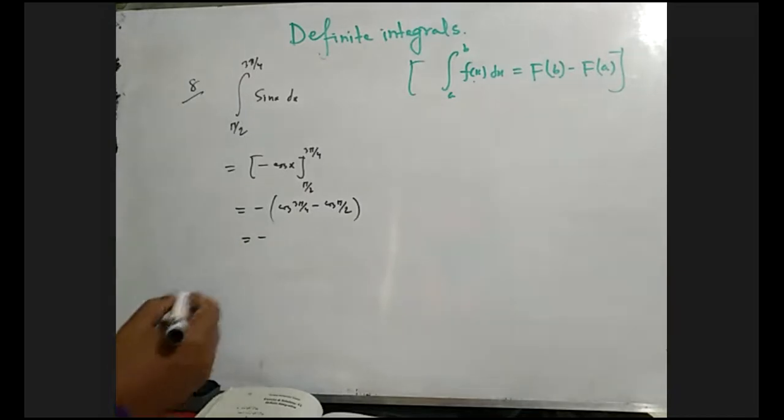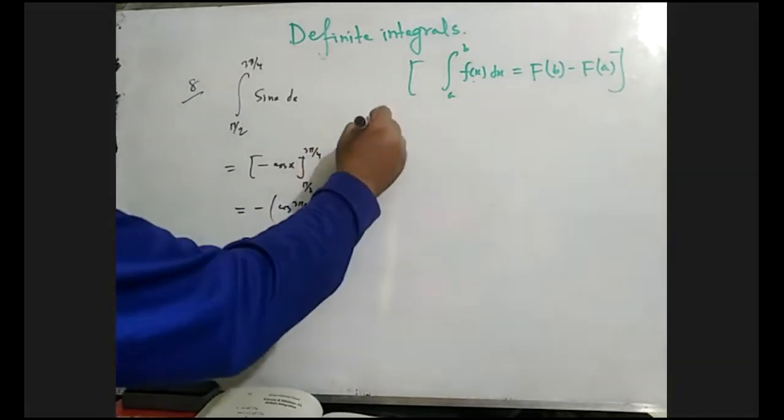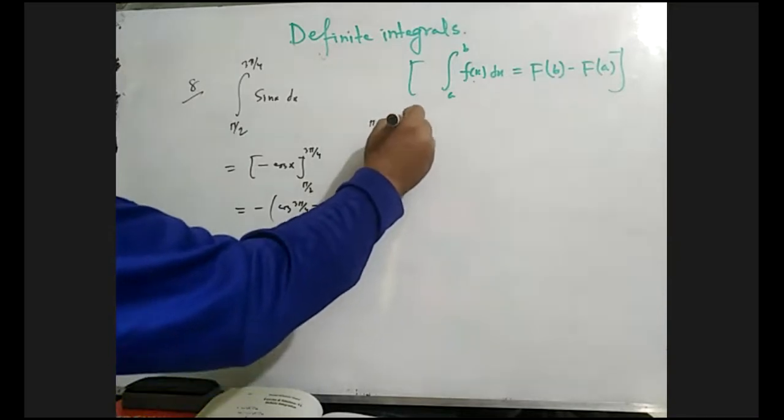Now cos 3 pi by 4 means how many degrees? Pi equals what? 180 degrees. Remember it.